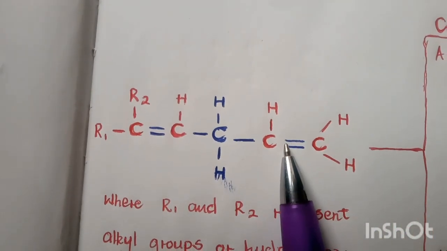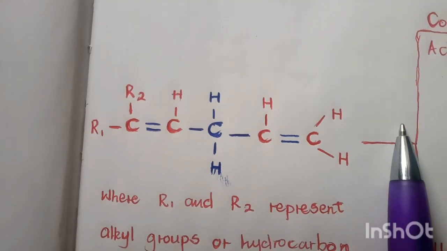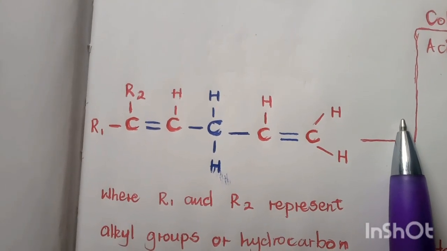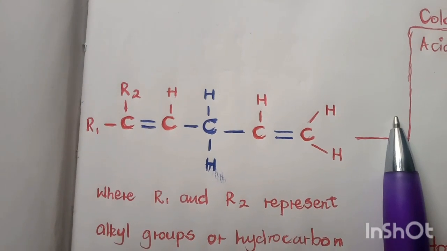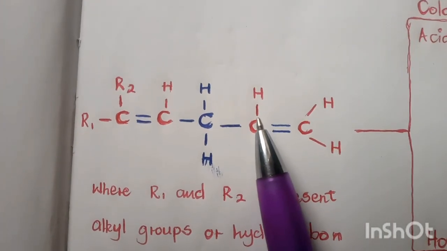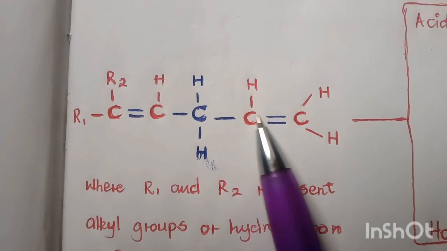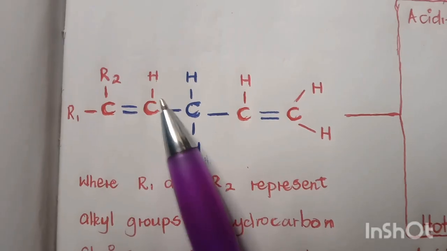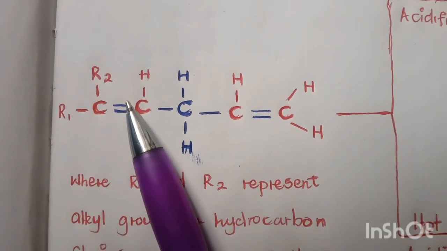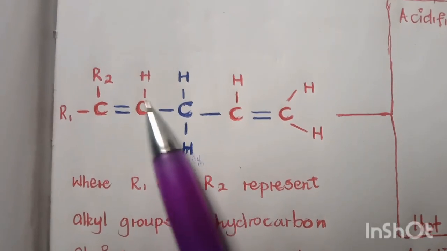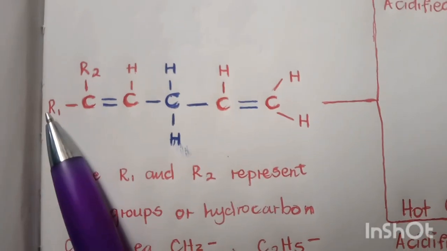For this double bond, we're going to have this part being formed, and we also have this other part being formed. And also here the double bond will break to give two parts, this and that.